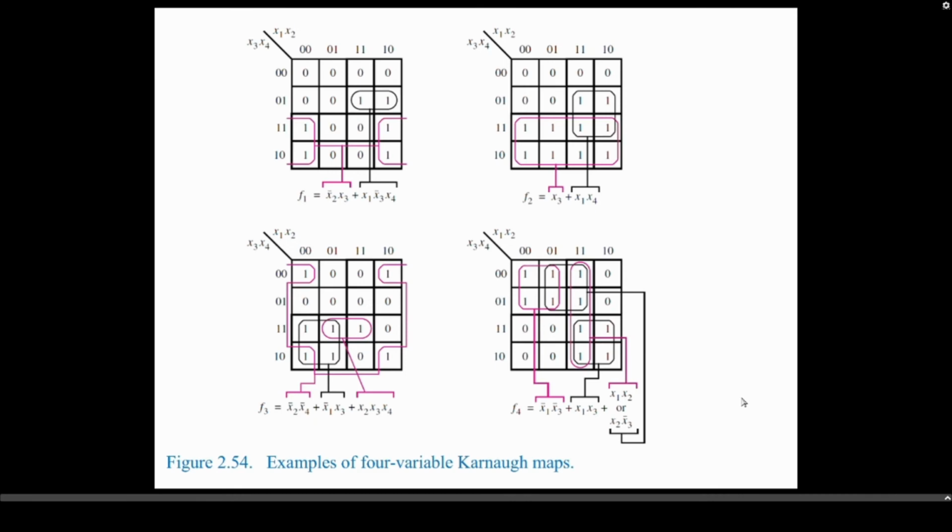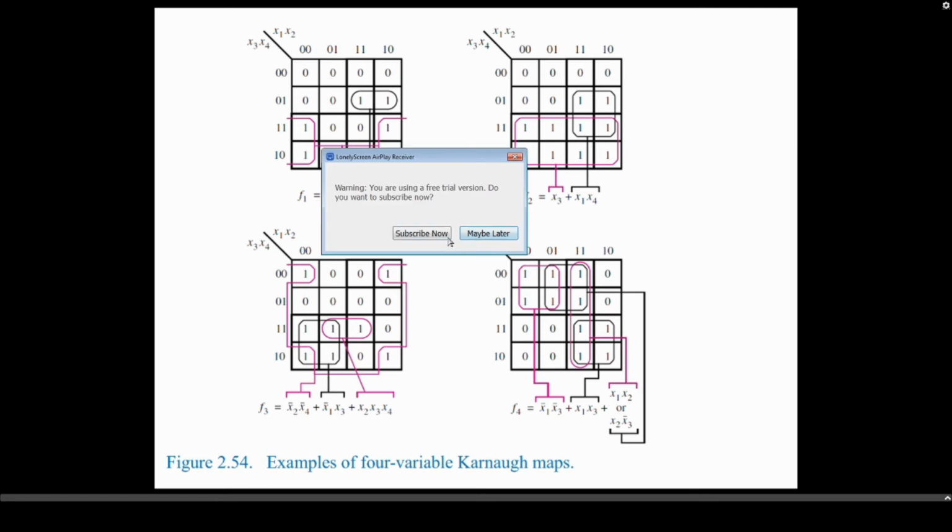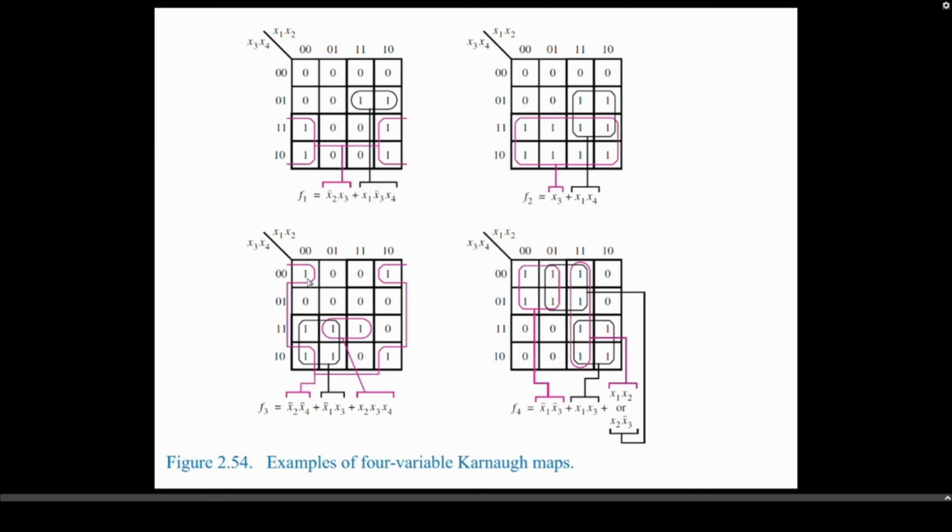Before we practice, let's just give some examples. Now you can group 2, 4, 8, and 16. Remember, never diagonal, but this third option over here, which is pretty cool, you can actually group the corners of your KMap. So if you have 4 ones, one on each corner, you can put them all together. Here are just examples.